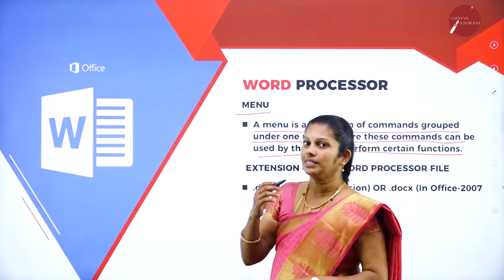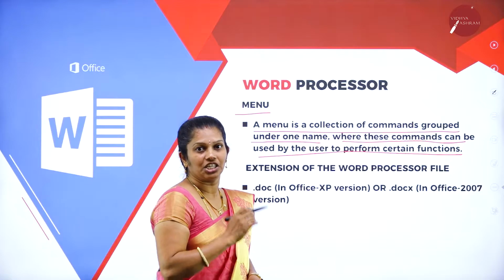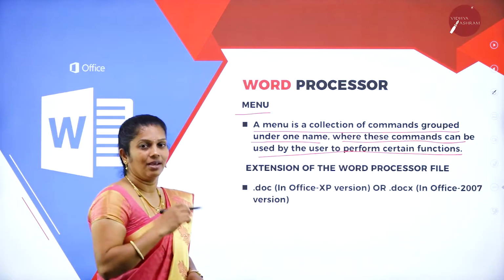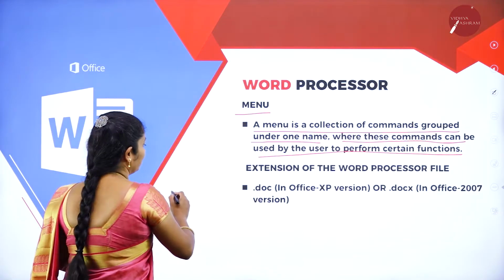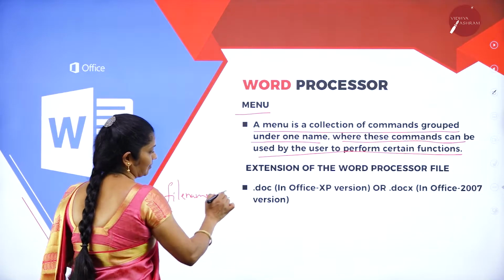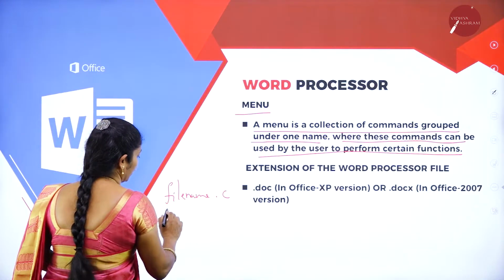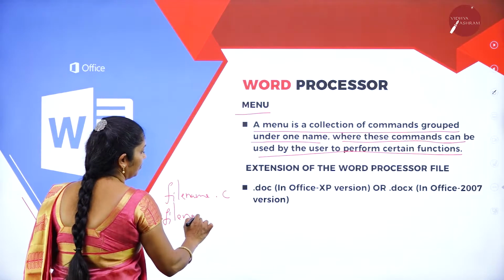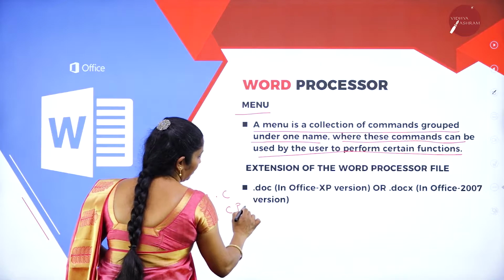And if I want to save the file, then we need an extension, by which we save it. If it is C programming, then after the file name we write .c. If it is a C++ program, then after the file name we write .cpp.